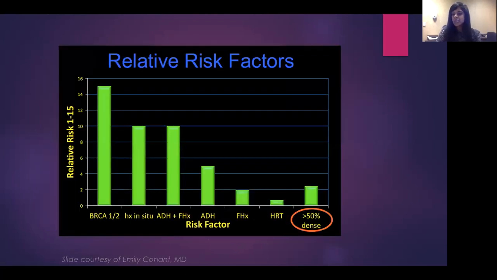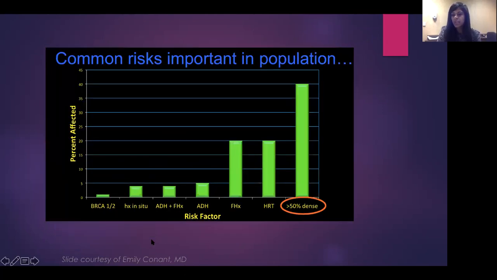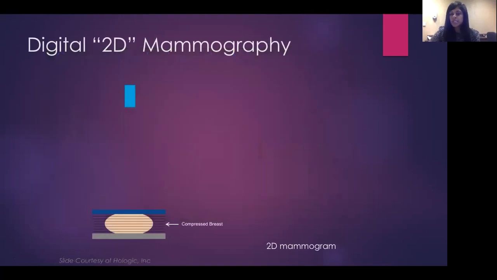And as an individual, having dense breast tissue is not as important of a relative risk factor as many other things, say a genetic mutation like BRCA, or having a history of atypia. But on a population level, because breast density is so common, it is important that we pay attention to it.